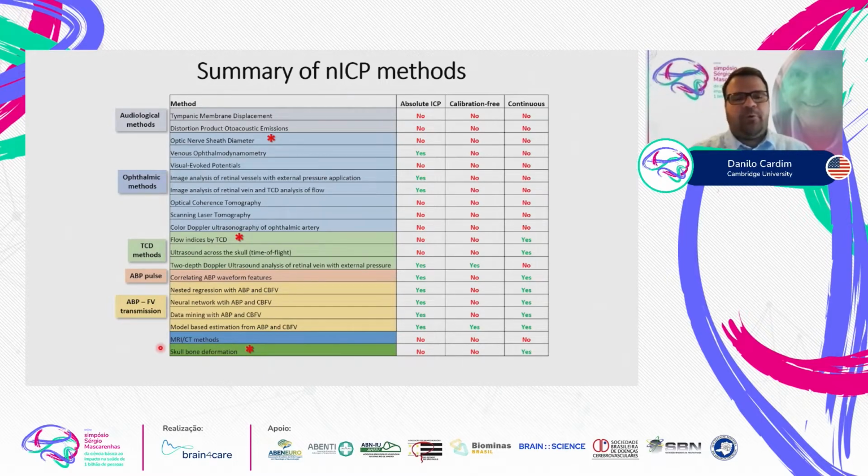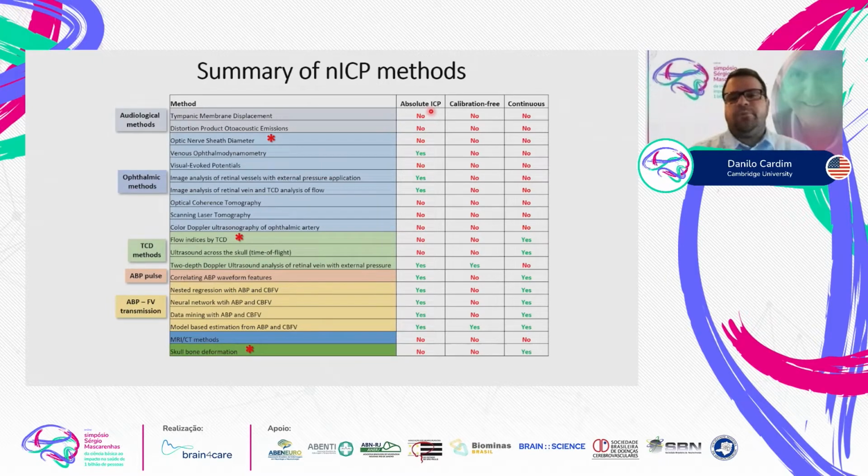And lastly, we have what Professor Mascarenhas has created, which is the method based on skull bone deformation or expansion of the skull. We can also subcategorize these different categories of non-invasive ICP methods into methods that provide absolute intracranial pressure values.